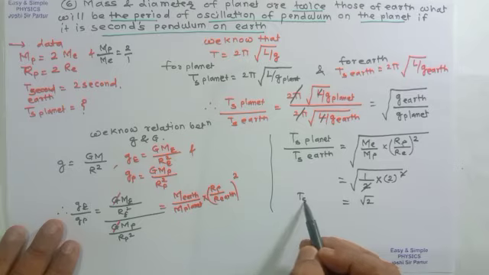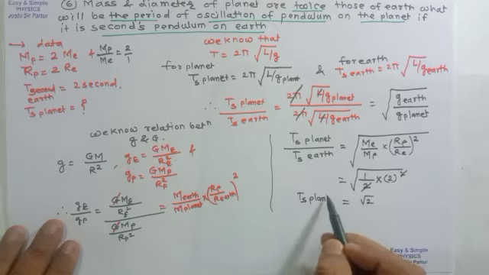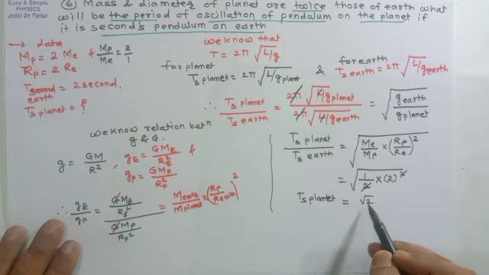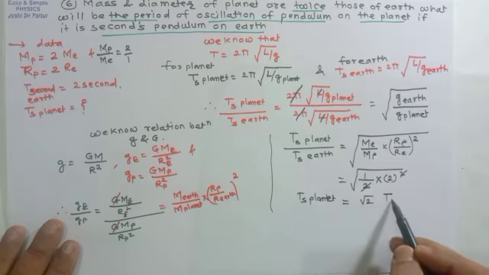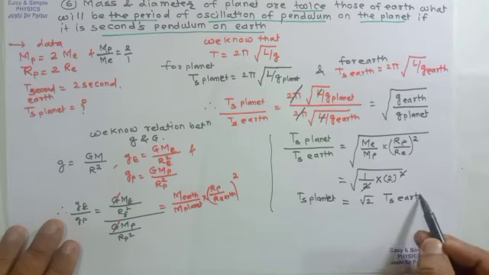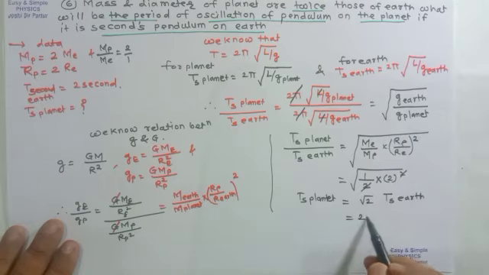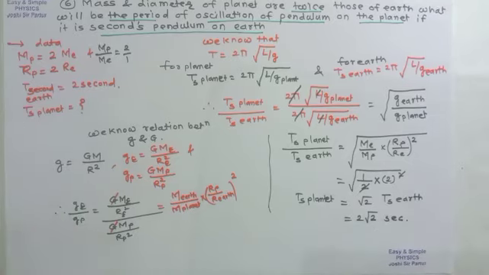So the time period of second pendulum on planet will be square root of 2 times the time period for second pendulum on Earth, and it will be 2 into square root of 2 seconds.